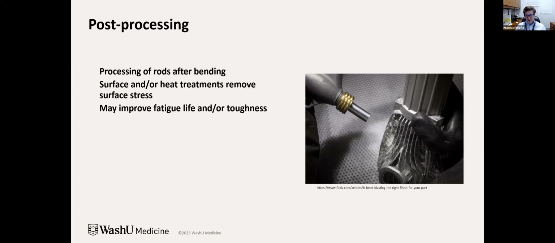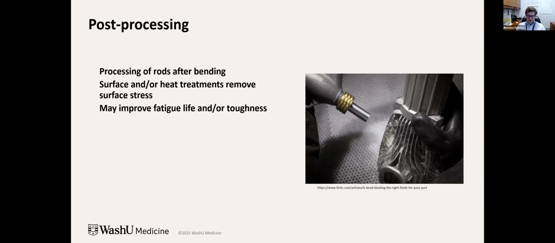But in general, post-processing for things like this can involve surface and/or heat treatments to remove either surface stresses or internal stresses. And these processes are aimed at increasing and improving the fatigue life and/or toughness of an object. So putting on my engineering hat for a second, this picture on the right is just an illustration of bead blasting.